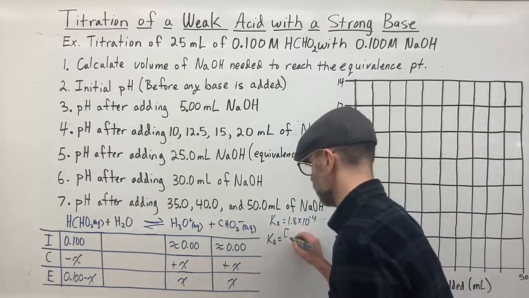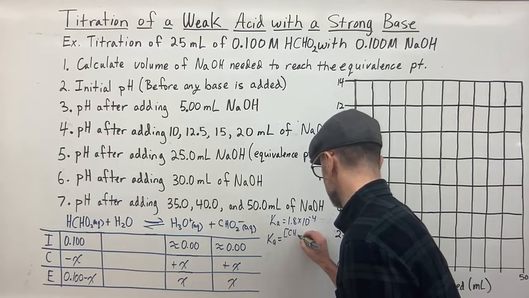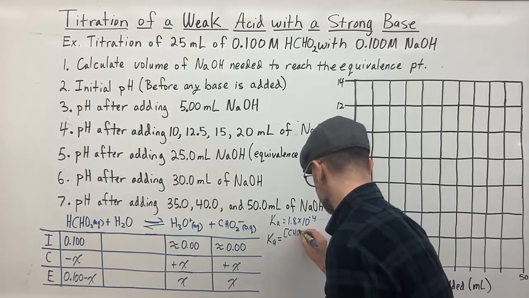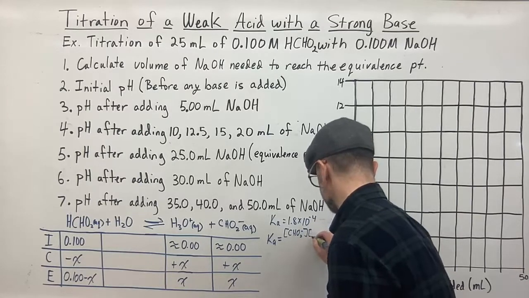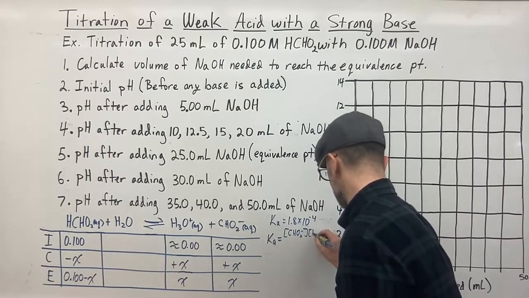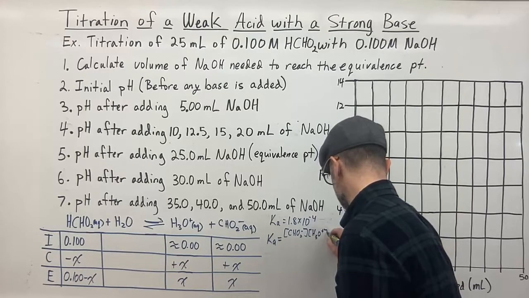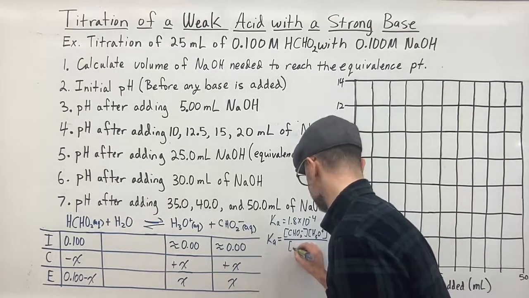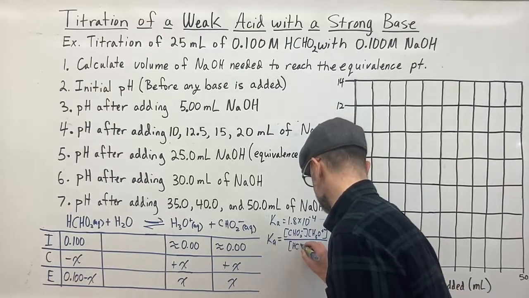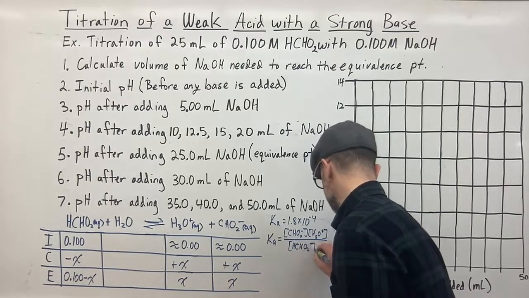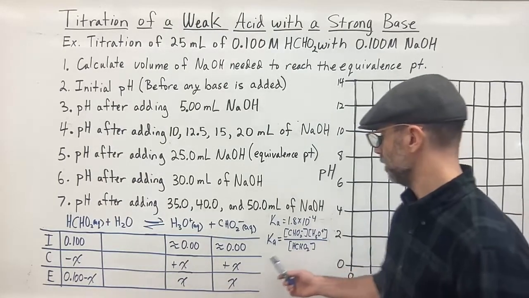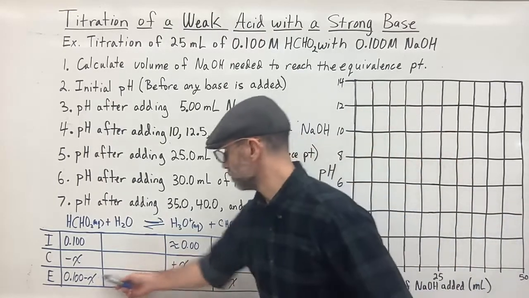So the concentration of CHO2 minus multiplied by H3O plus, all over the concentration of our acid. So that's the concentration of HCHO2.